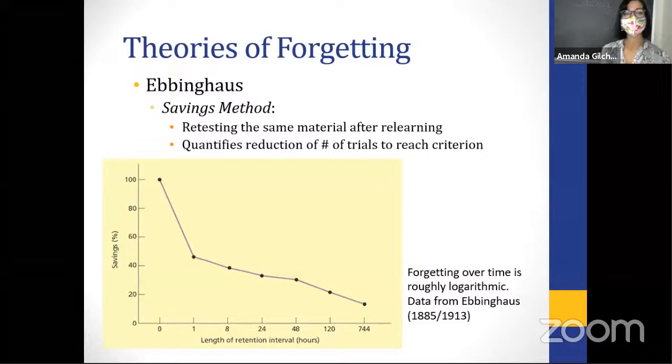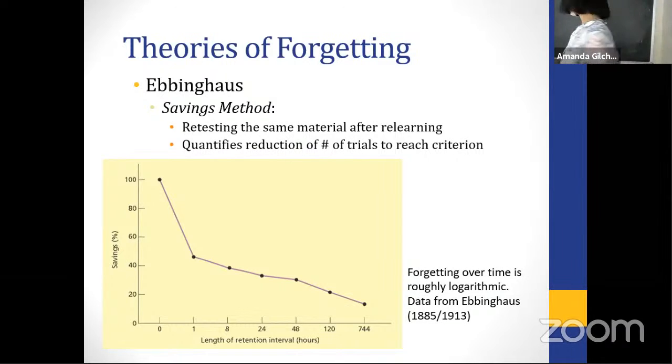So let's go ahead and start talking about some of those different theories of forgetting. You might remember me talking a couple of days ago about the work of Hermann Ebbinghaus. Just as a reminder, Ebbinghaus learned lists of nonsense syllables that were made up of a consonant, a vowel, and another consonant.